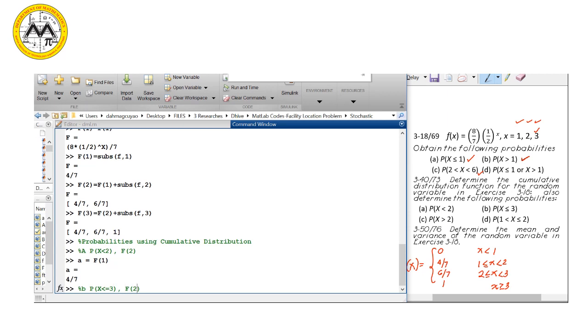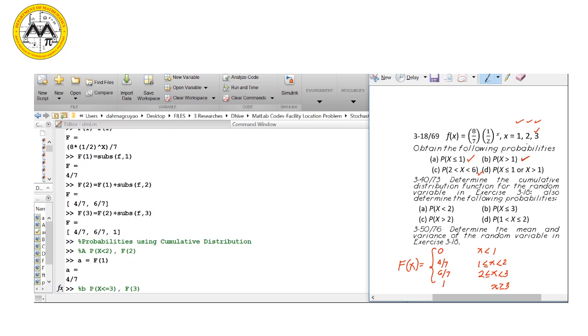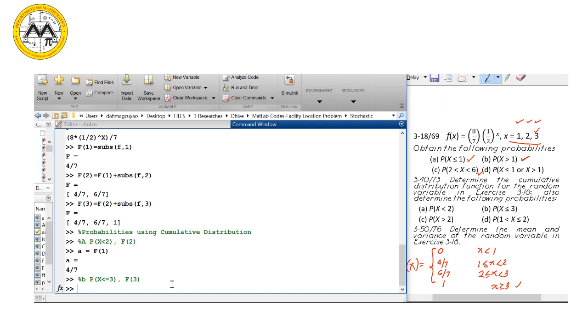So this is f of 3. By the way, less than or equal to 3 is all of these values. So f of 3. So just to check, for letter B, we want f of 3. So this should be 1.